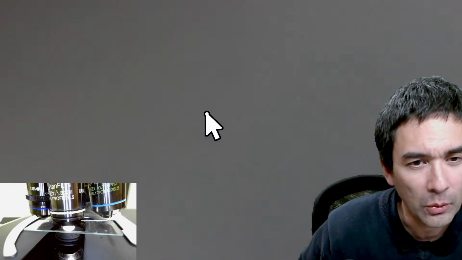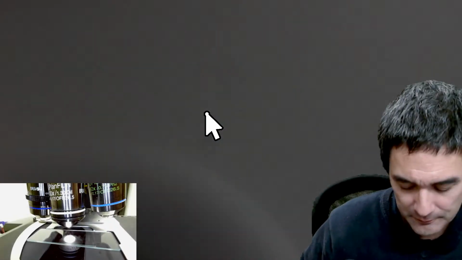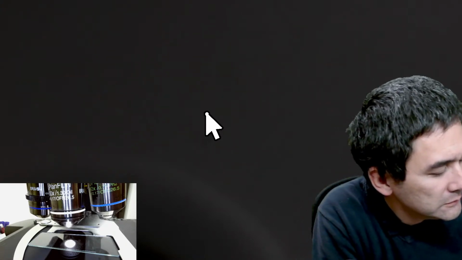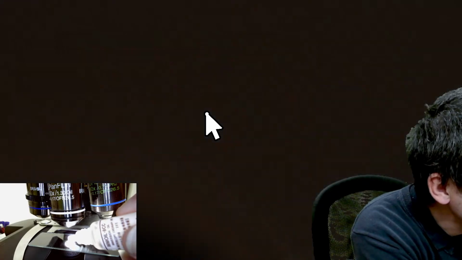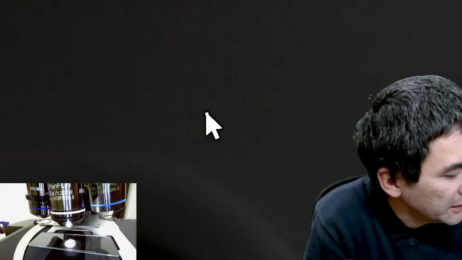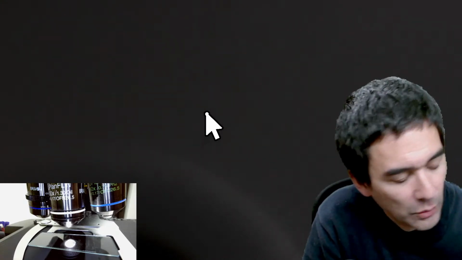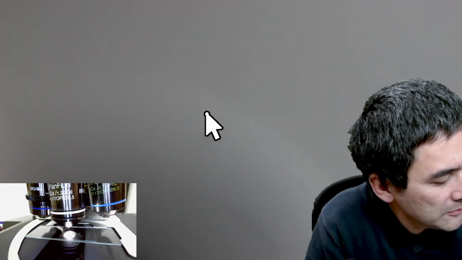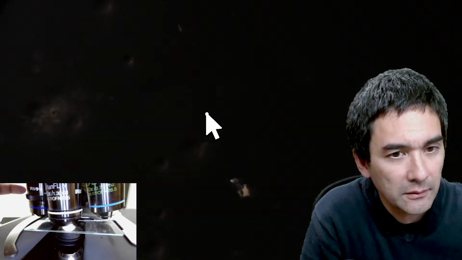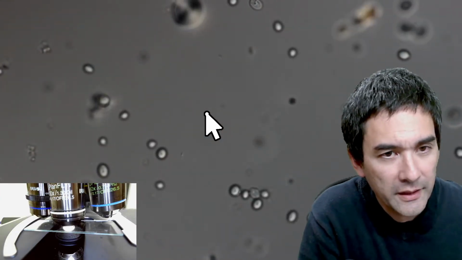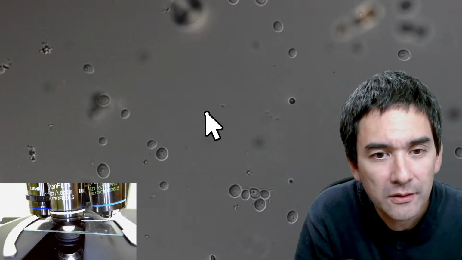I'm lowering everything again. Let's apply a little drop of immersion oil. I could see there was already a little bit of oil on it, so actually I got quite a lot now. Let's go up again. Now we're making contact, and to remove any possible air bubbles.